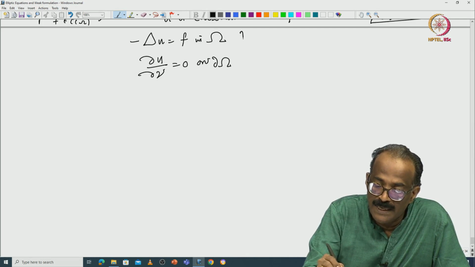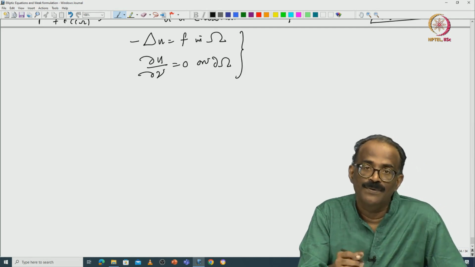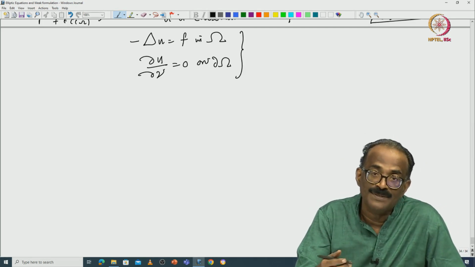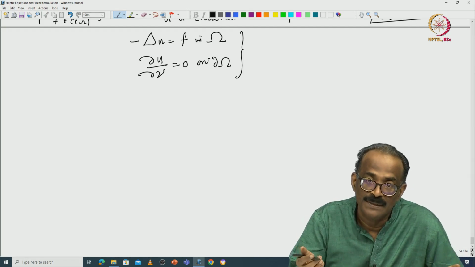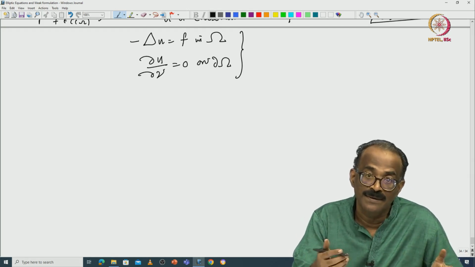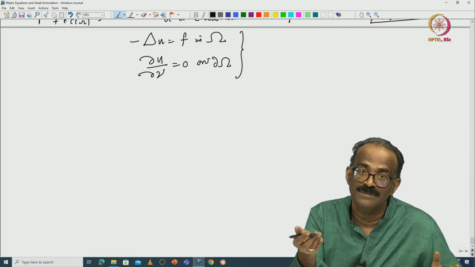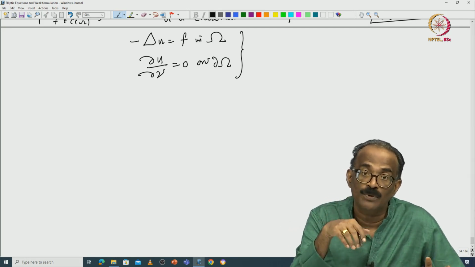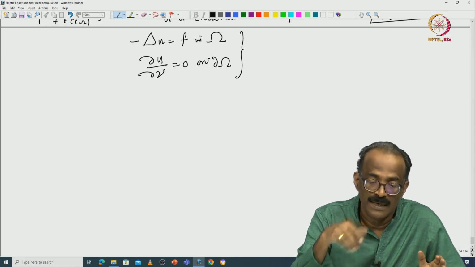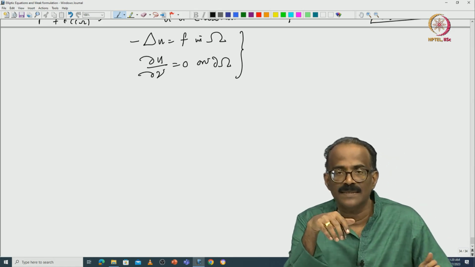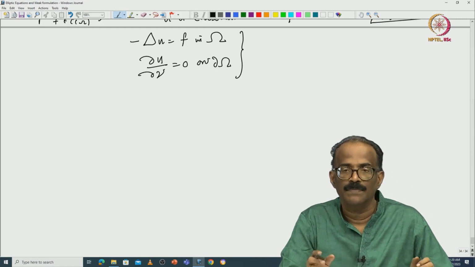You see, immediately you can observe that u equal to constant works. If u is a solution, u plus c is a solution. So, the solution is not unique. So, there is no existence and uniqueness immediately unless you put additional conditions, which we will discuss in the next class. Thank you very much.